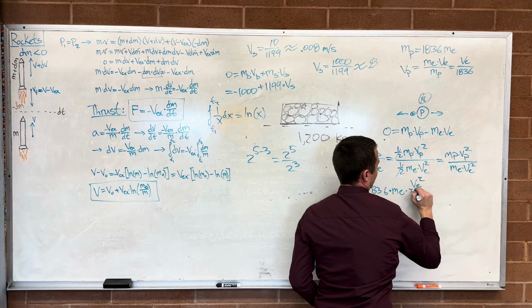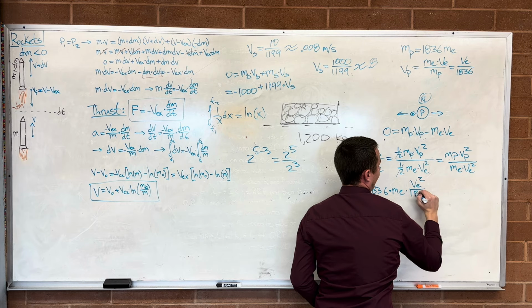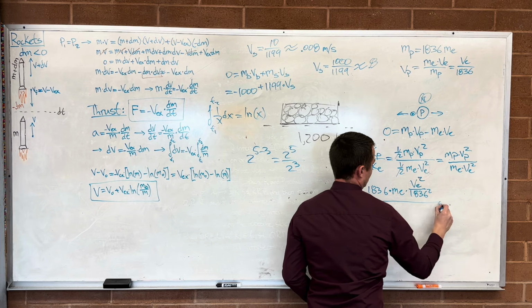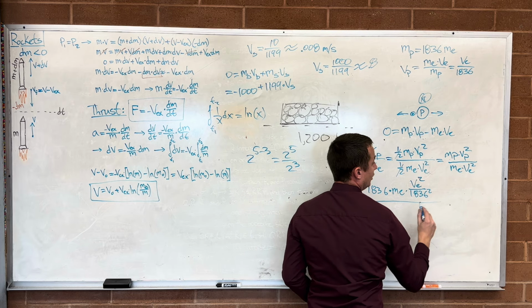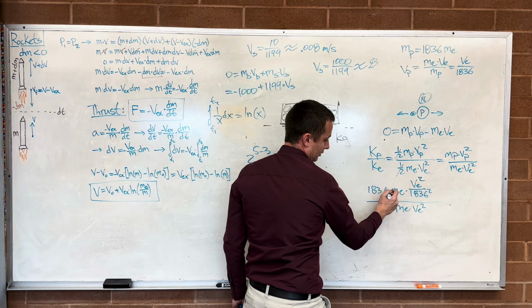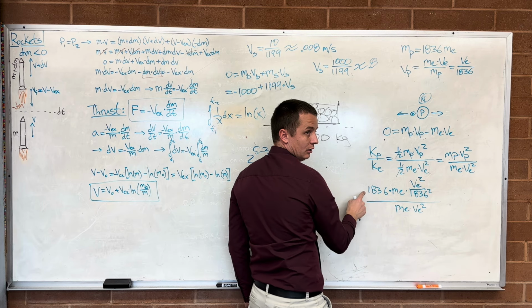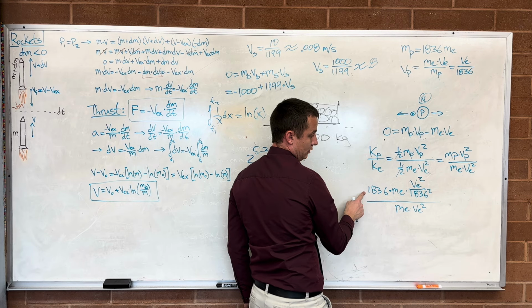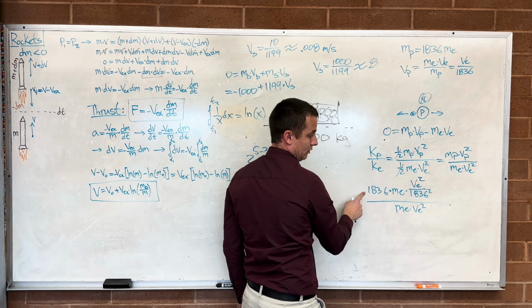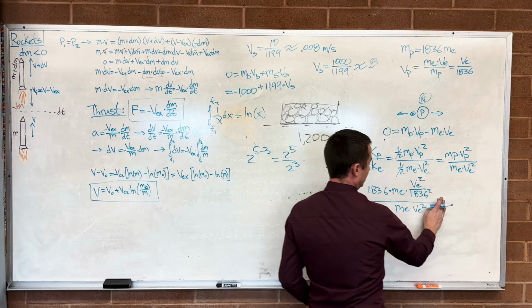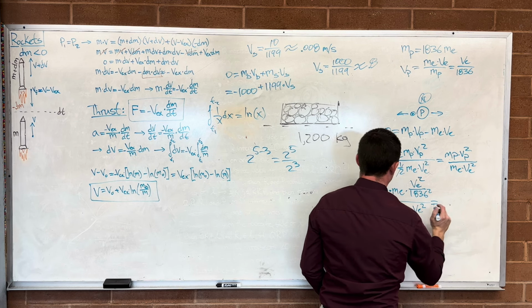ve squared over 1836 squared, all over me times ve squared. Now one of these cancels out with that, since it's squared.